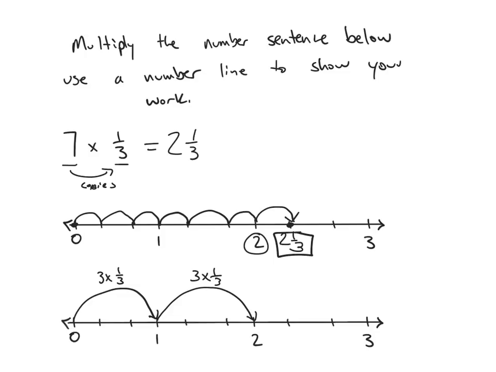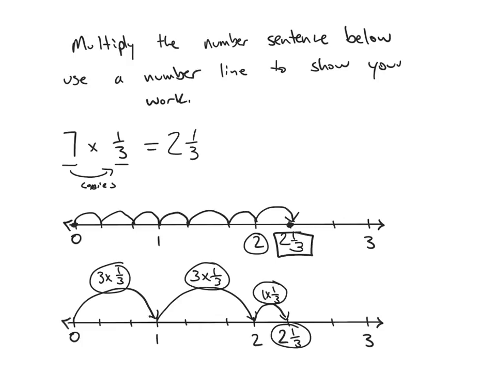Well, that's 6 copies. And so then I can just make one more small jump, or 1 copy of 1/3. And then that's going to equal my answer of 2 1/3. So I grouped here the whole numbers, and then whatever was left over, I just made that jump in my last little bit here, and I still get the same answer of 2 1/3.